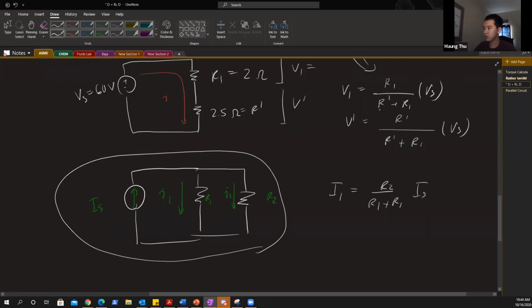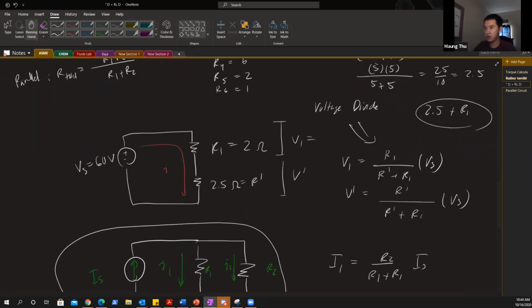The difference between the voltage divider and the current divider is that if you want to find the current of R1, make sure your numerator is R2, okay? Whereas in voltage, if you want to find the voltage drop at R1, your numerator has to be R1. If you want to find the voltage drop of R prime, it needs to be R prime here.